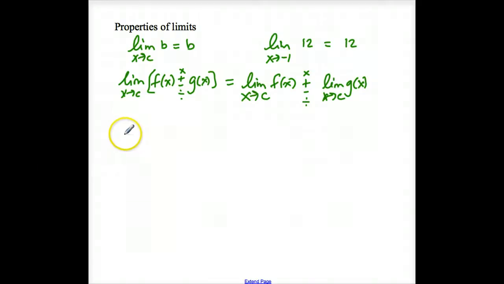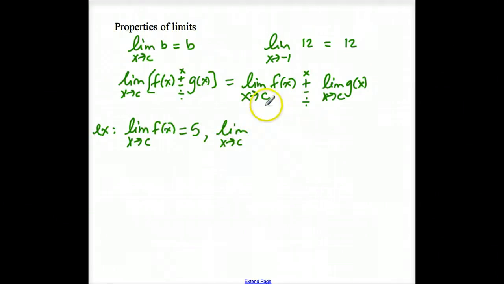For example, let's say we're given that the limit as x approaches c of some function, so we don't know barely anything about this, but we know it equals 5. And we also know that the limit as x approaches that same c, the c has to be the same, just so you know, of a different function equals 10.